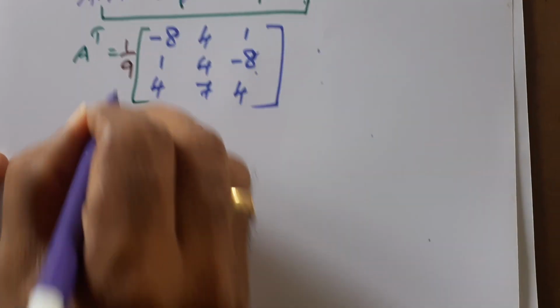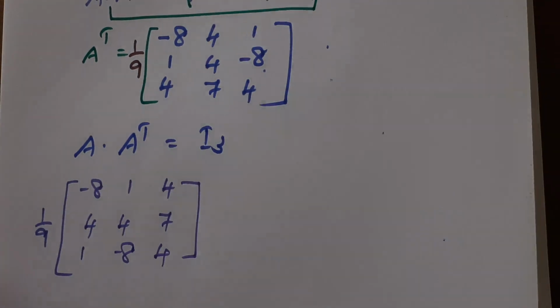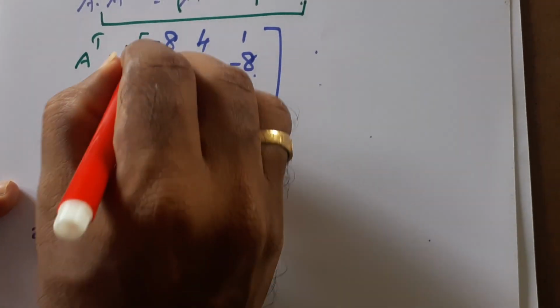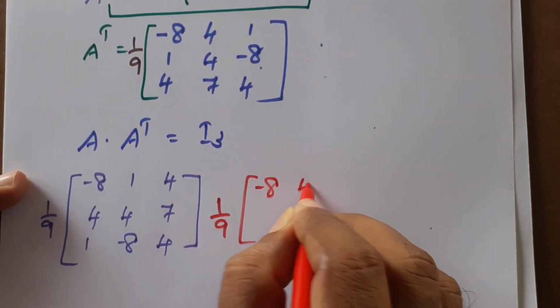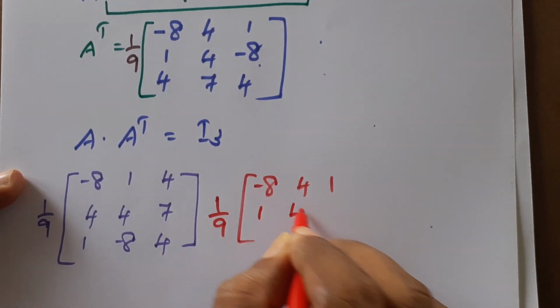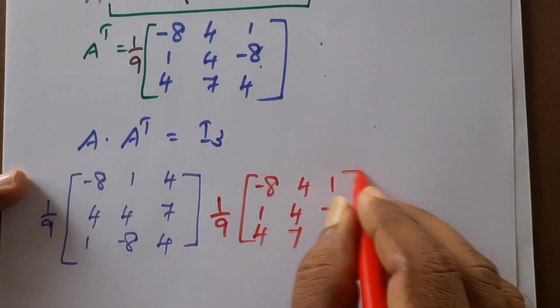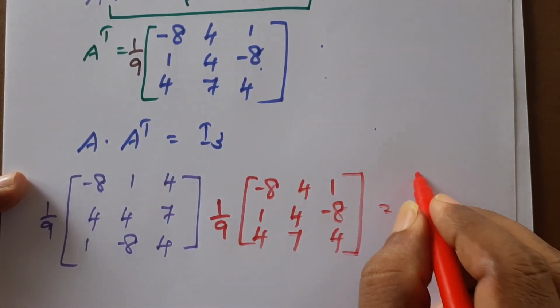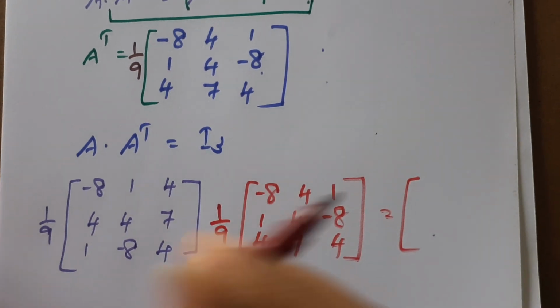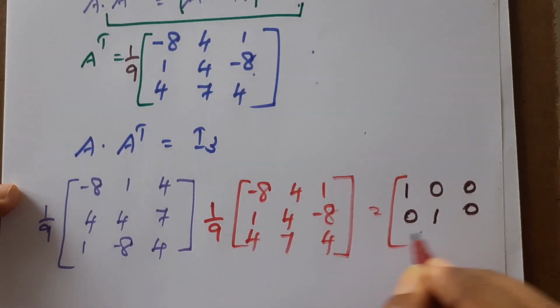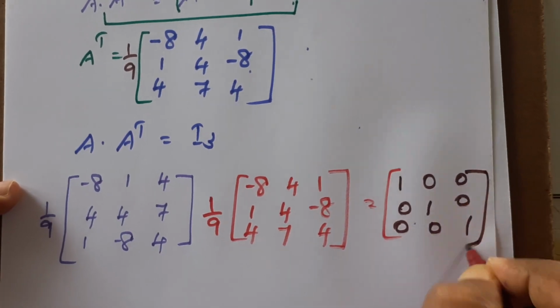Again A power T is equal to 1 by 9 constant, then minus 8, 4, 1, 1, 4, minus 8, 4, 7, 4. This whole term will be equal to I3, the identity 3 into 3: 1, 0, 0, 0, 1, 0, 0, 0, 1.